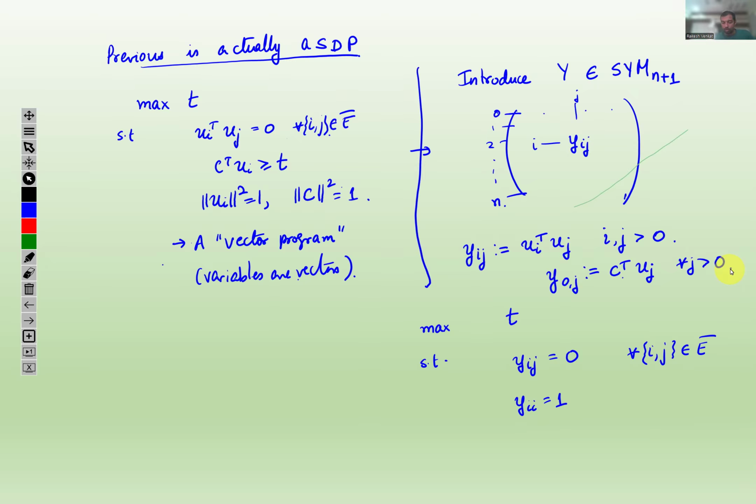So if I rewrite the vector program that was here with this definition, I get these linear constraints on the variables, and that's all that there is.